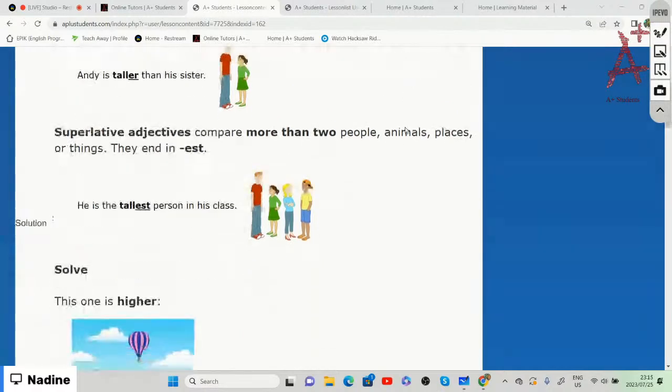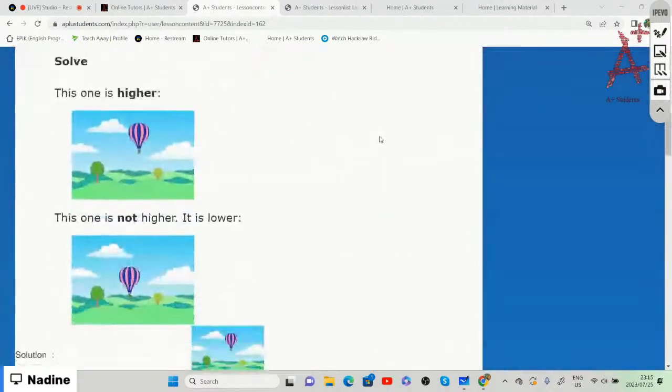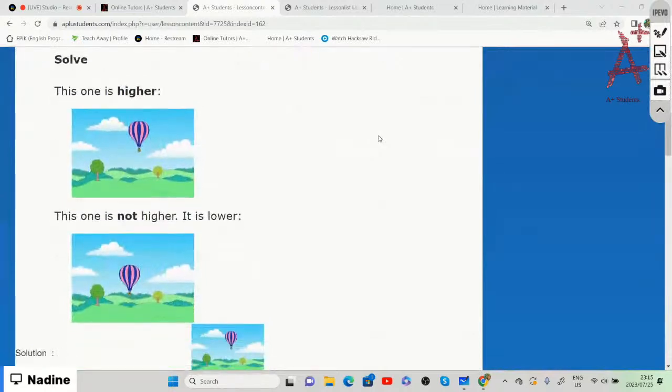All right, so now we are moving along. Now they want to know which one is higher.